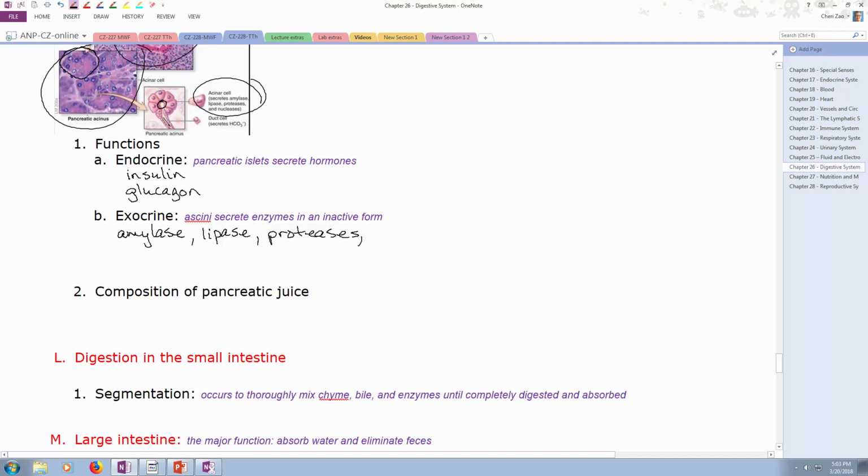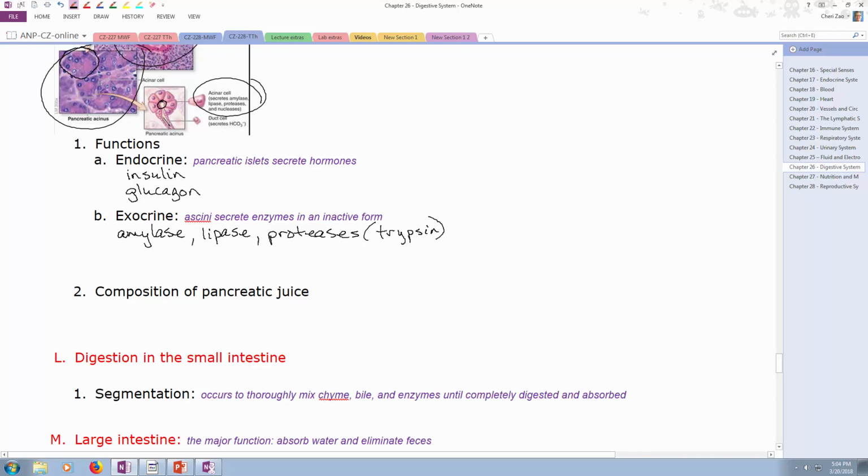And we've already talked about a protease released by the stomach. Which one was that? Pepsin. That's right. Pepsin is a protease, but it's released by the stomach. So we have other proteases in the pancreas. And let me indicate one of the proteases that the pancreas releases, and that is called trypsin. It is a protease.